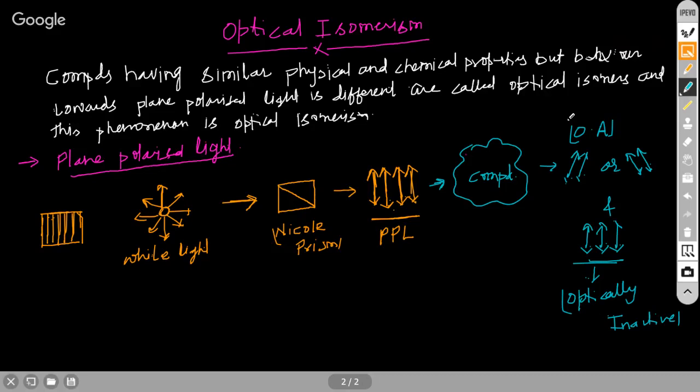Right. So the behavior of light towards plane polarized light we are observing. Now the assumption is this: if the PPL, that is plane polarized light, rotates clockwise or towards right, the compound is said to be dextrorotatory.